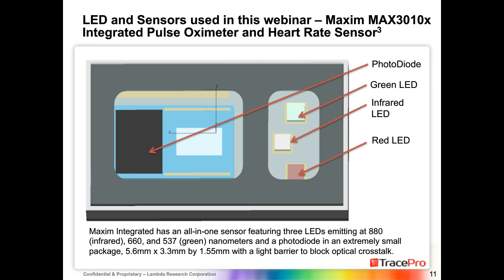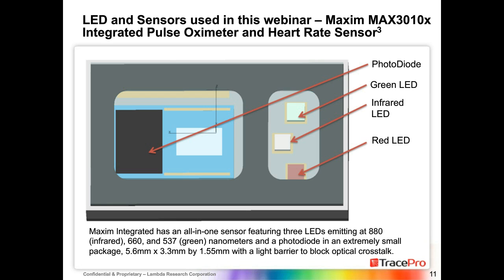So the first biosensor that's off the shelf is the Maxim MAX3010X integrated pulse oximeter and heart rate sensor. And this is an actual CAD model of that particular sensor. You can see on the right side, we've got 3 LEDs, one in the green, one in the red, and one in the infrared in the middle there.